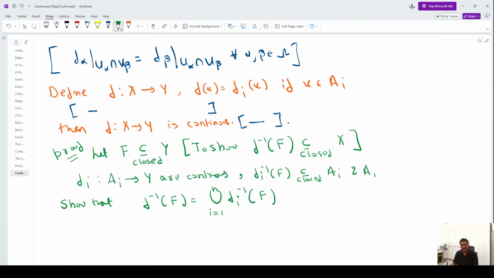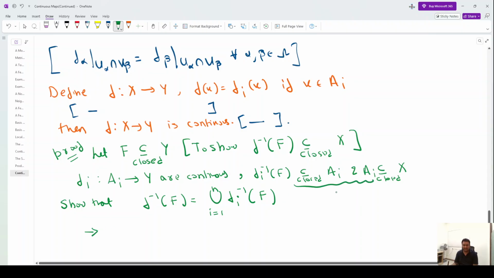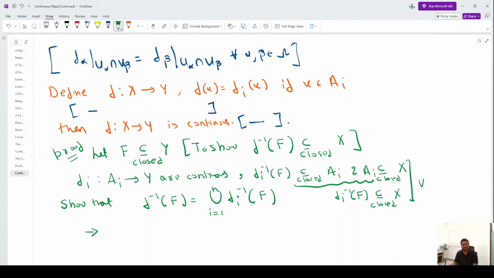And the A_i are what? Closed in where? In X. So what you will get from these two conditions is that the inverse of f is closed in X. Verify it.